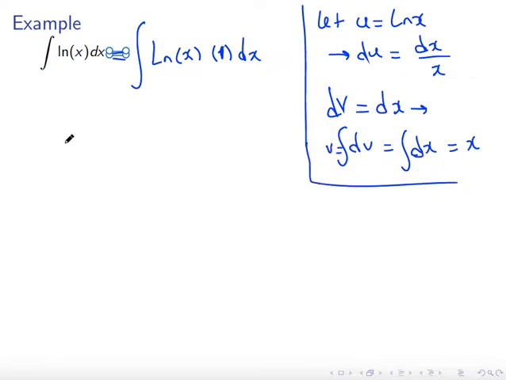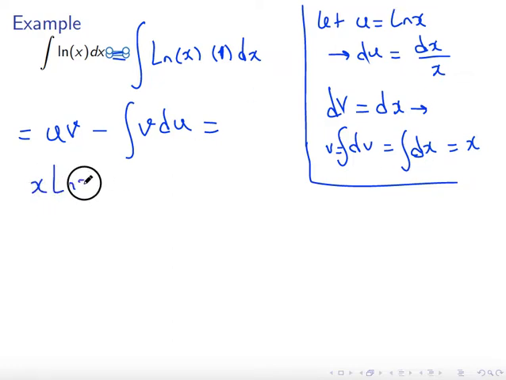Now I'm back to the integration by parts formula, which is uv minus the integral of v du. uv is going to be x times ln of x, minus the integral of v du. Now v is x, du is dx over x.